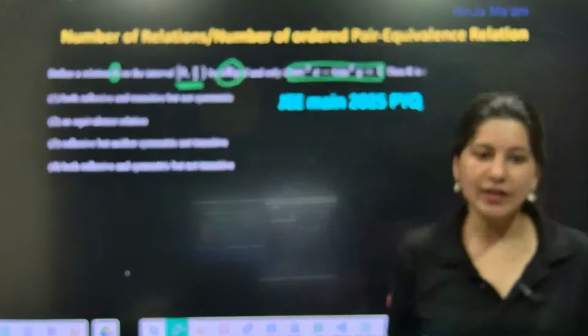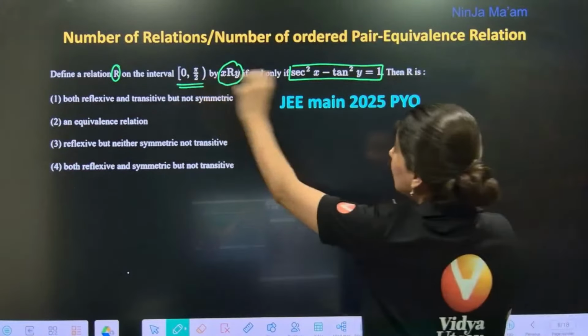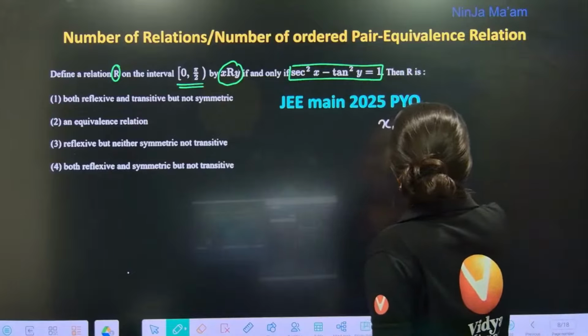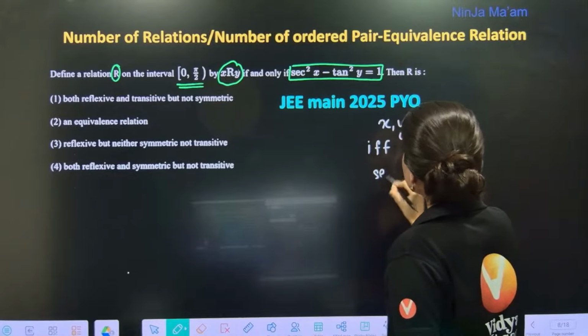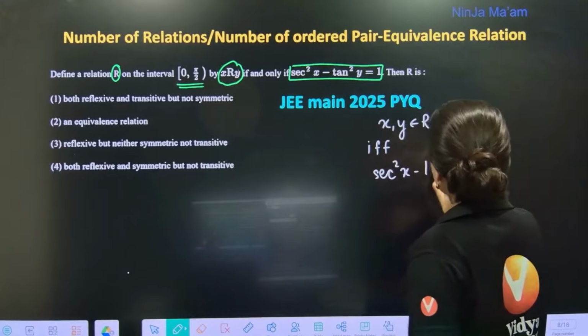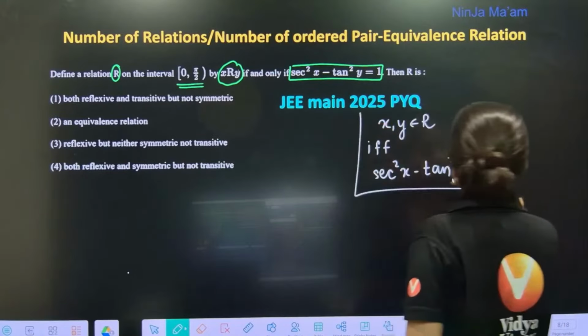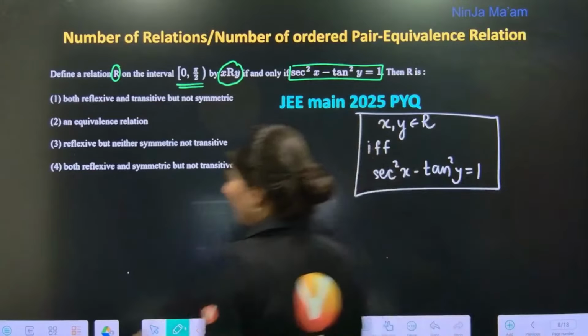Let me tell you what I'm trying to say over here. This whole question is telling you that x comma y will sit inside relation R if and only if sec square x minus tan square y is equal to 1. Now tell me whether this relation is reflexive, symmetric or transitive.